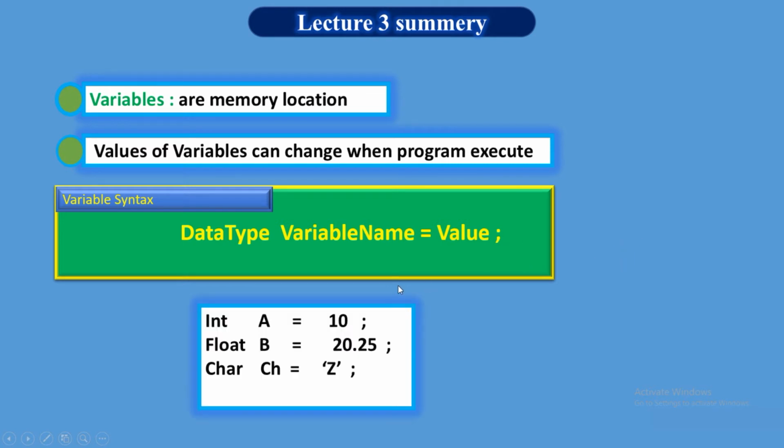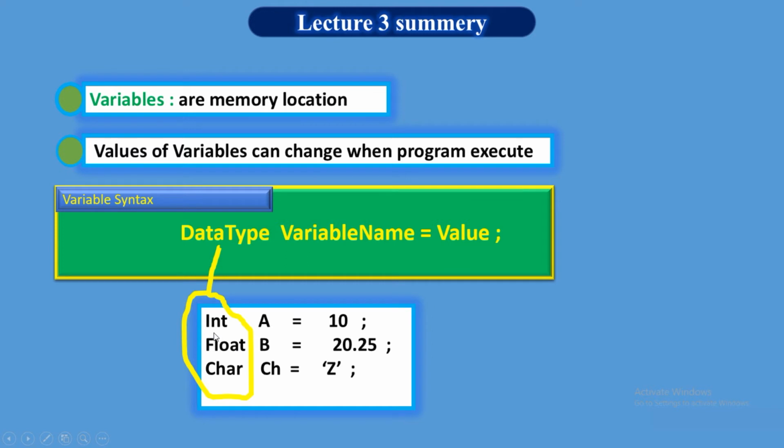For example, we have int a is equal to 10, float b is equal to 20.25, char ch is equal to single quotation z, terminator.